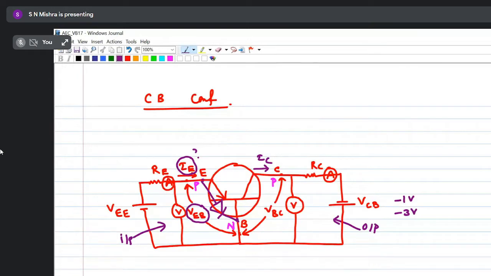Up to threshold voltage, less current, after that current increases exponentially. So here also the same type of operation will happen, because this is like a PN junction diode. When I increase VEB or emitter base voltage, if I take this as a silicon diode, then the threshold voltage is 0.7 for silicon. So up to 0.7 current is less, then after that the current will increase.